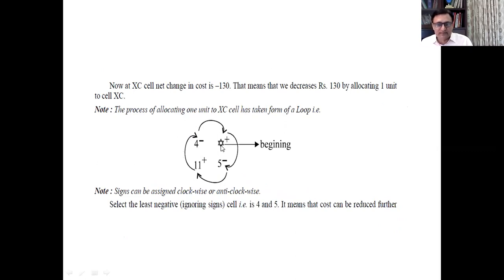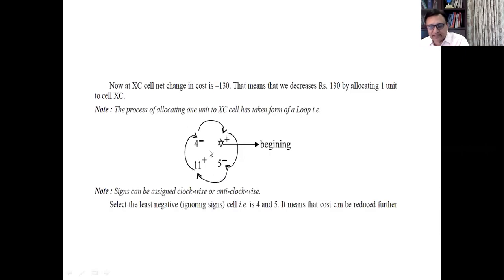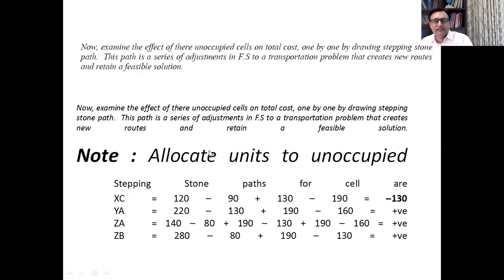Starting from the unoccupied cell, we start with a plus sign, then a minus sign, then plus, then minus, and we find this cost. Signs can be assigned clockwise or anti-clockwise. In this manner we will revise the solution, and continue to revise it till we get the optimal solution.